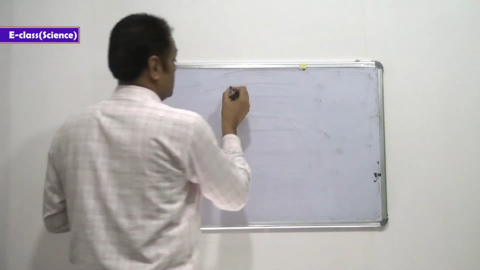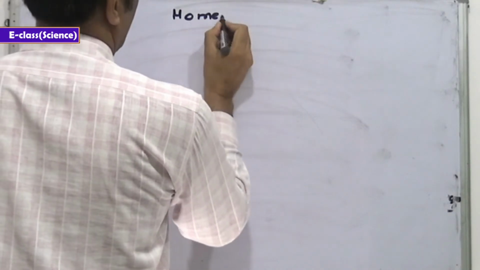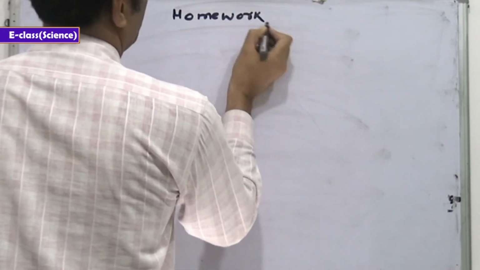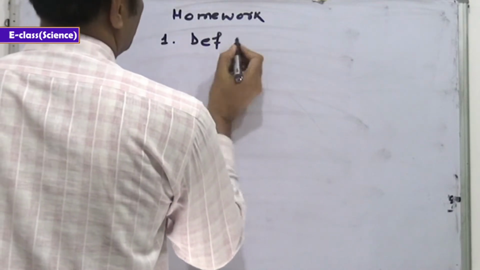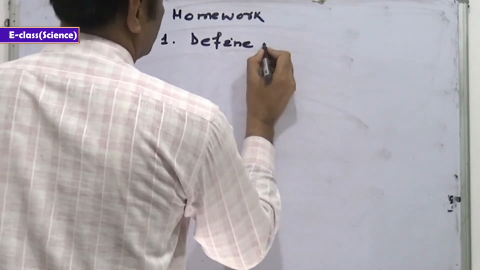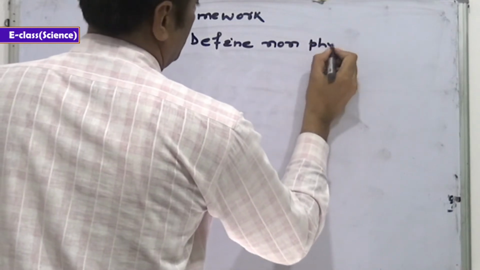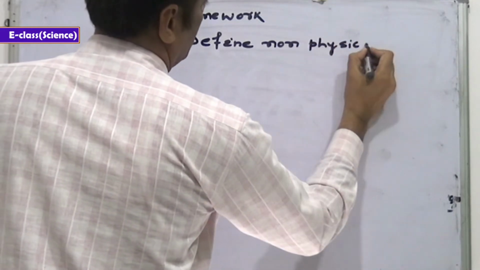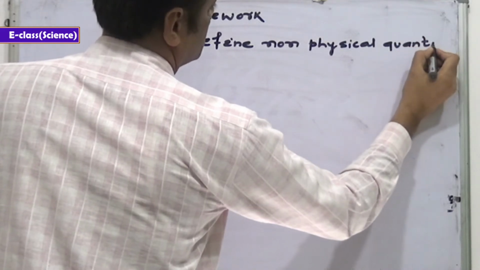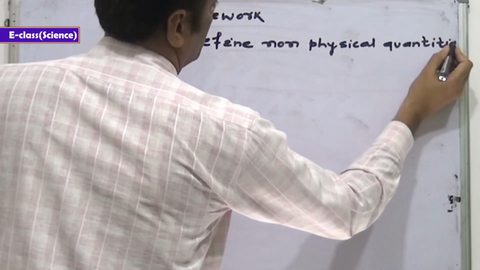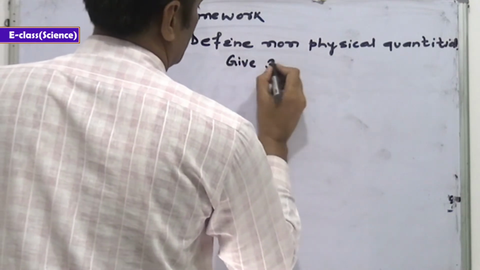The first one: define non-physical quantities, and give three examples of non-physical quantity.